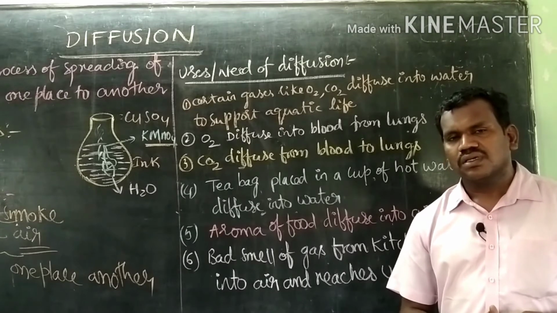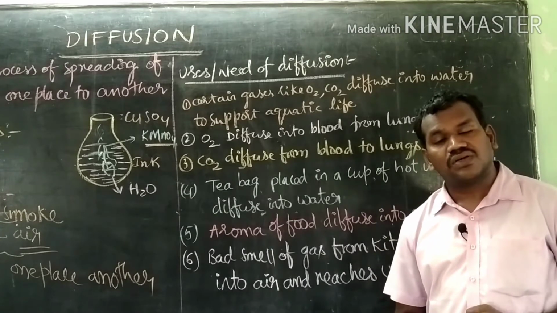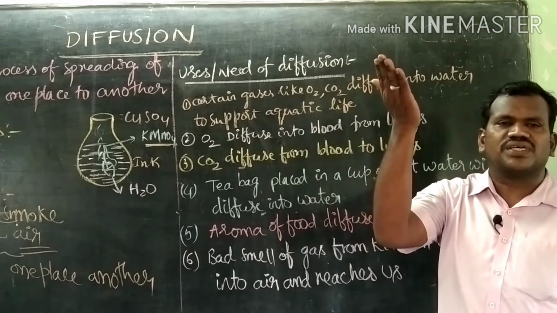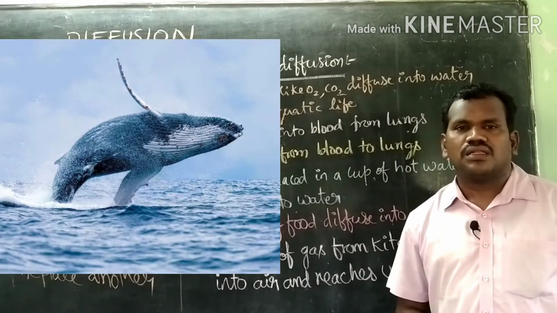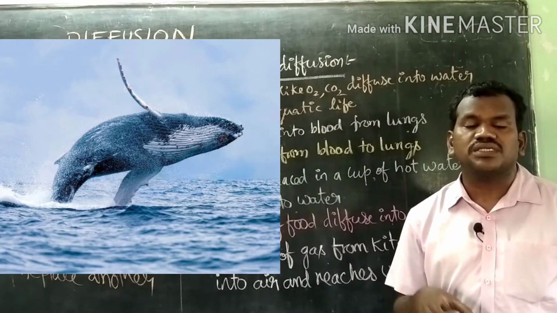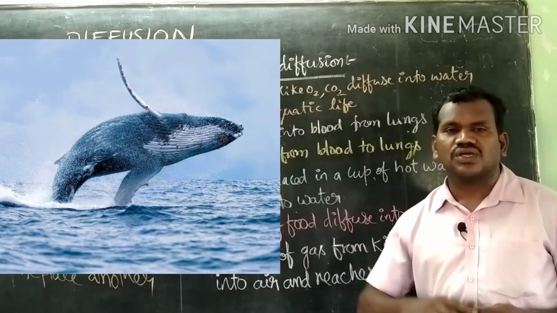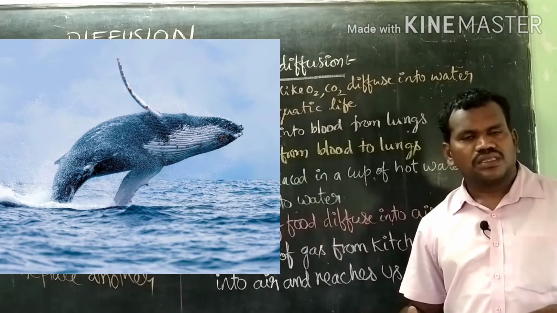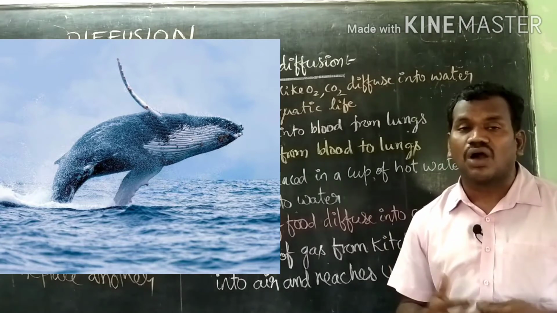Sometimes, if the oxygen percentage in the water is gradually decreasing, then what happens to the aquatic life? They try to come to the surface of the water. If you see a big blue whale, the oxygen present in the water is not sufficient for it to breathe. For that sake, every time the blue whale comes to the surface, it takes more oxygen through its mouth.